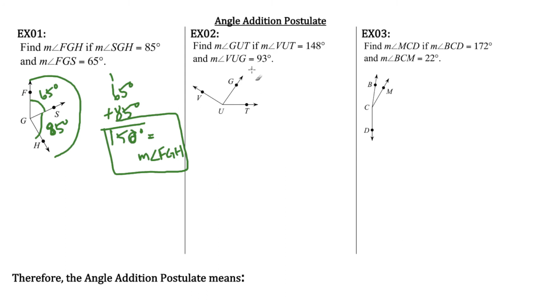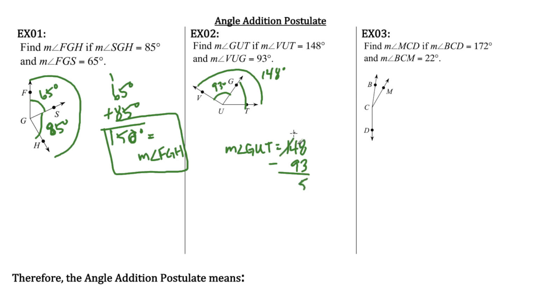Okay, so find the measure of GUT, if VUT is 148 degrees. So the whole thing is 148 degrees. And VUG is 93 degrees. So this time if we want GUT, this one right here, we're going to have to subtract 148 minus 93.